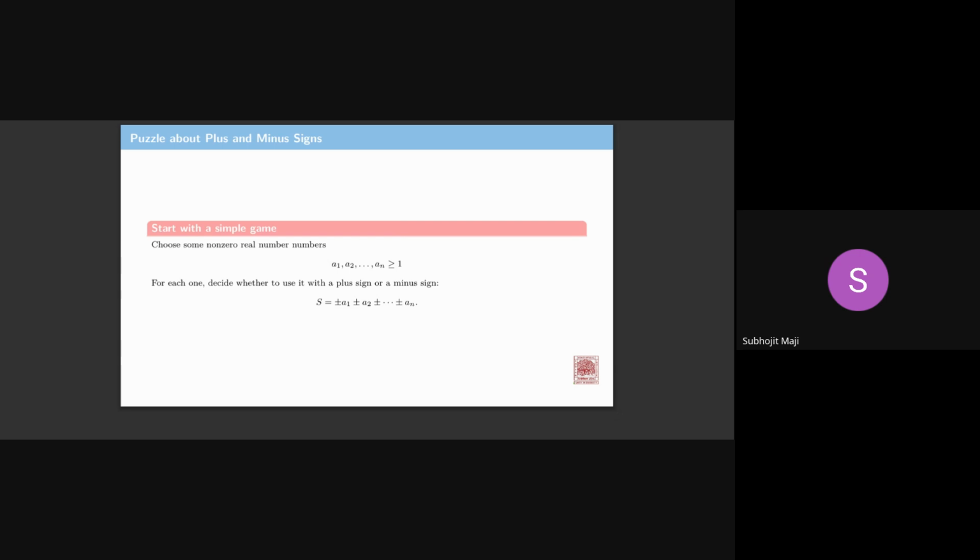Am I audible? Yes, sir. Okay. The thing is, even if I take mod values, like mod of a1, mod of a2, up to mod of an, the sum would be the same, because we are taking all possible configurations of plus and minus.